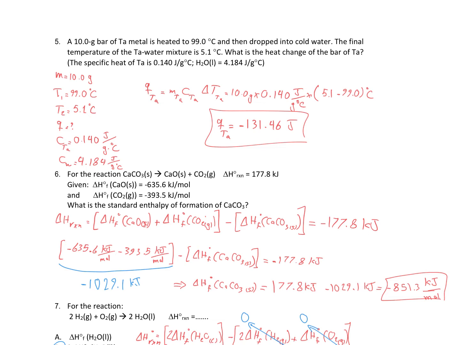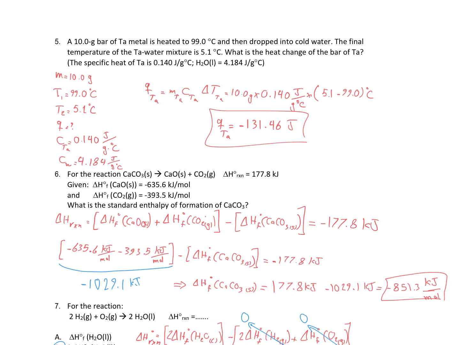And that's what happens. That's why in the final state it says the temperature of Ta and water together is 5.1. They stop doing the heat transfer because both of them have the same temperature. Okay, so T2, the temperature of the metal and the water, is 5.1, so that's the final temperature.